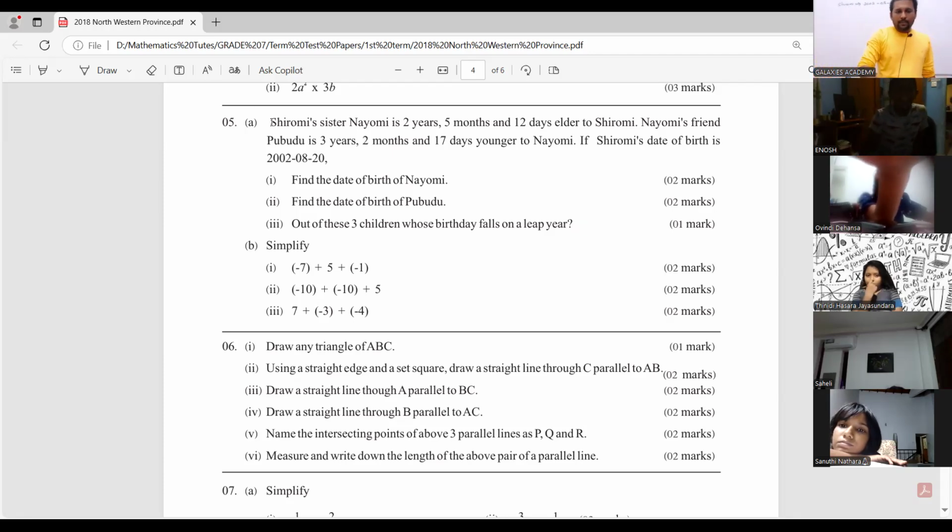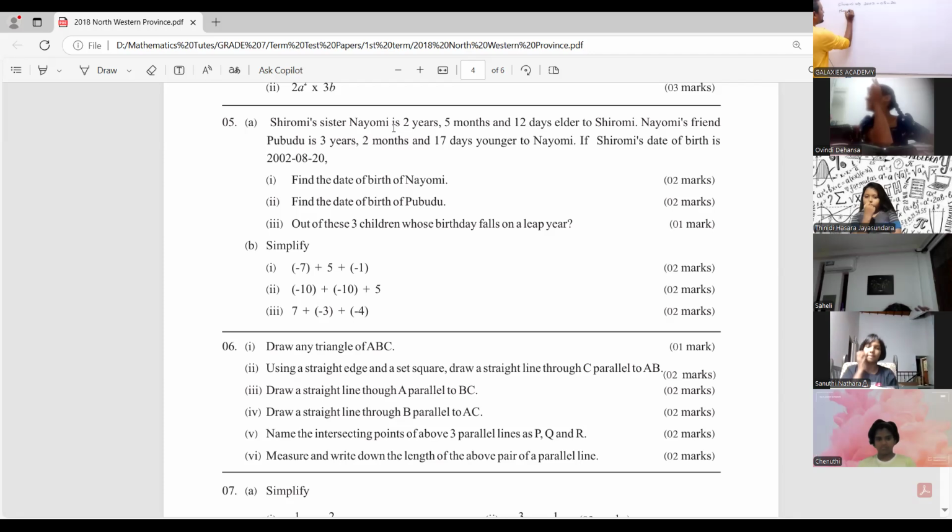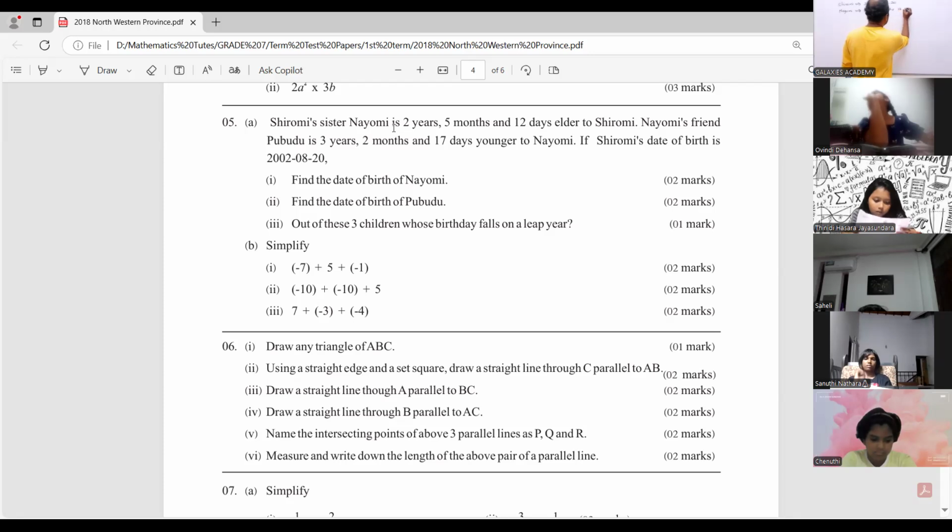Also, in the beginning of the question it is given Shiromi's sister Naomi. Naomi is 2 years, 5 months and 12 days elder to Shiromi.